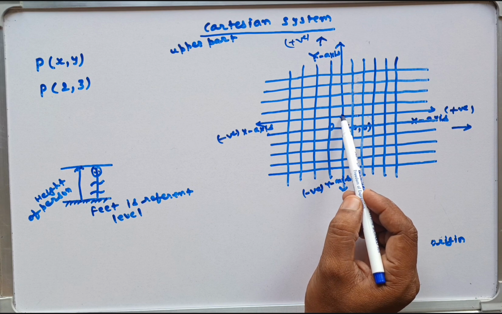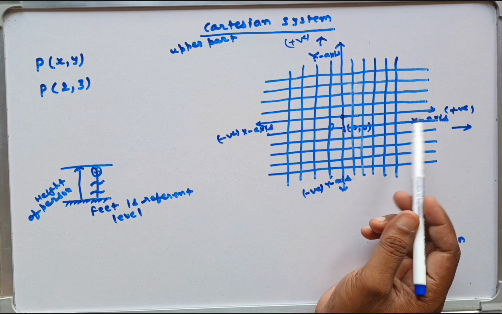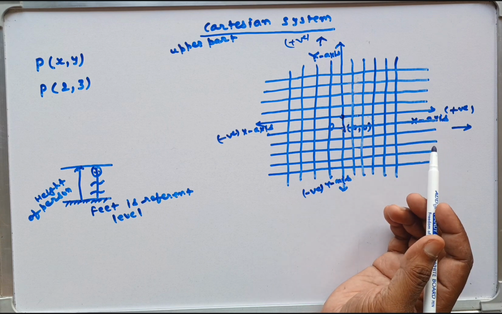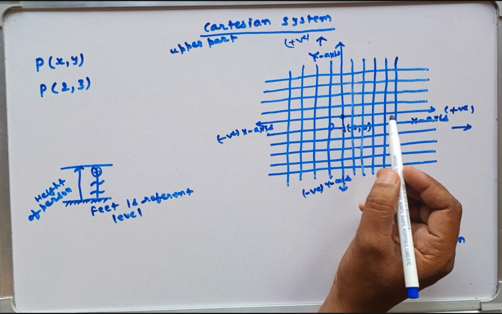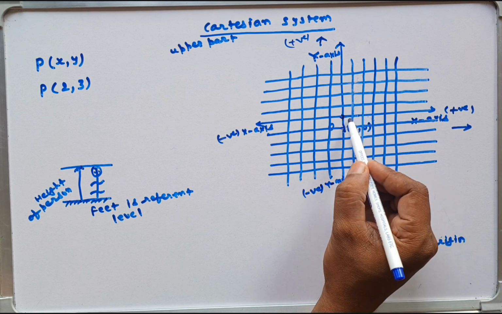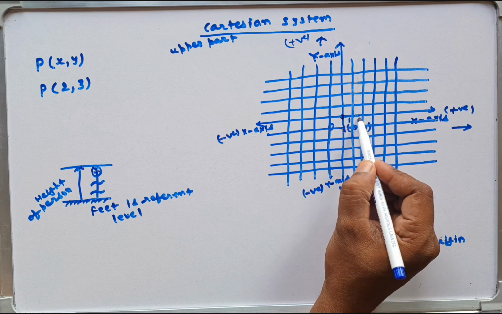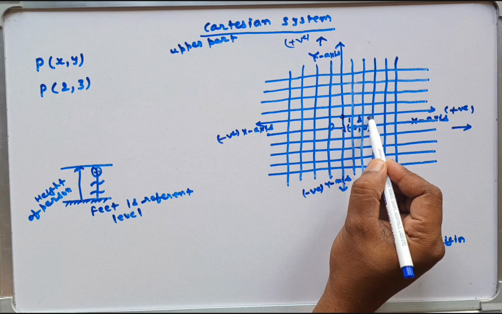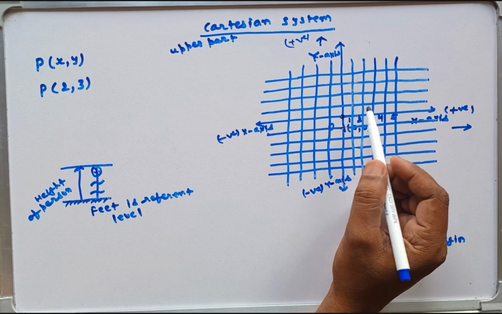If we start moving along the x-axis on the right side from this origin, we assign one step equal to 1, 2, 3, 4 and 5.